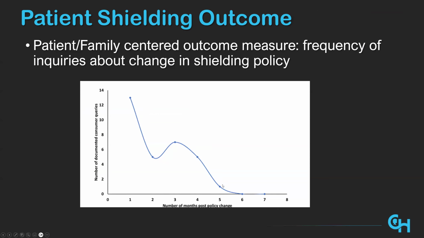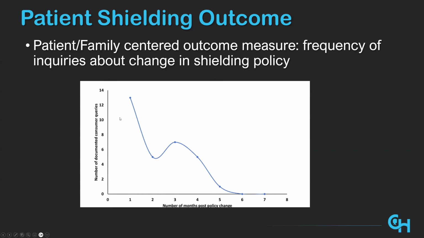The outcome chosen here was a patient and family-centered outcome around a measure of frequency of inquiries about change in the shielding policy. So this would reflect how well the education and the script for the technologists had penetrated into the practice, and how comfortable patients and families were with the change.